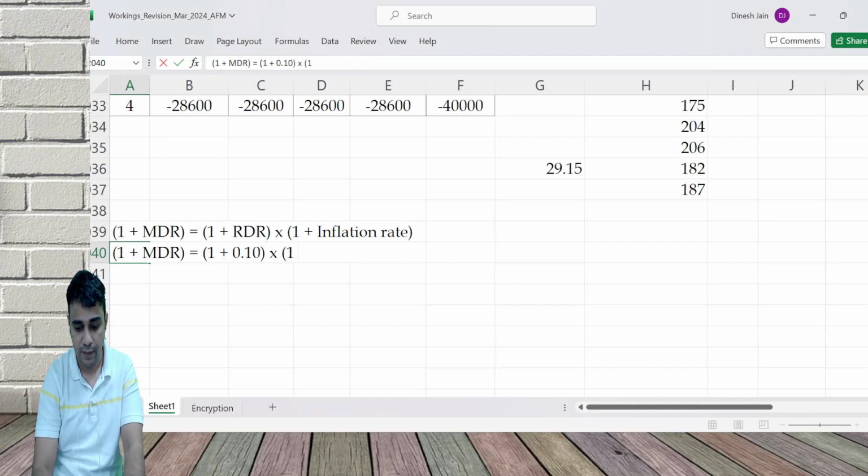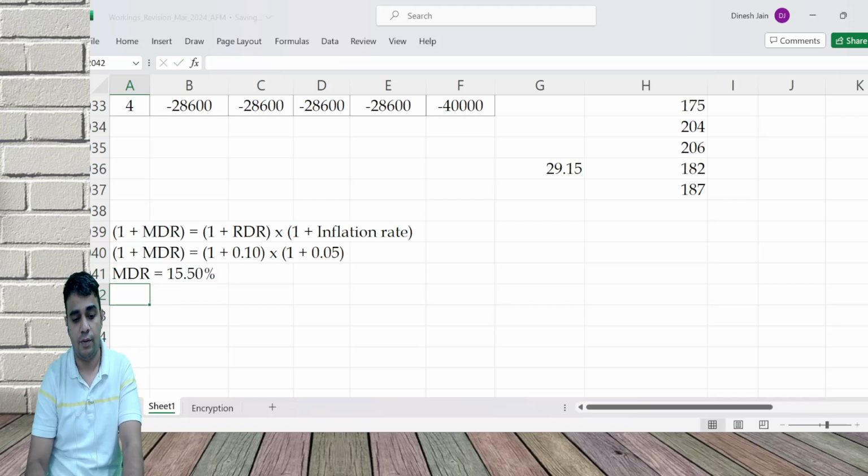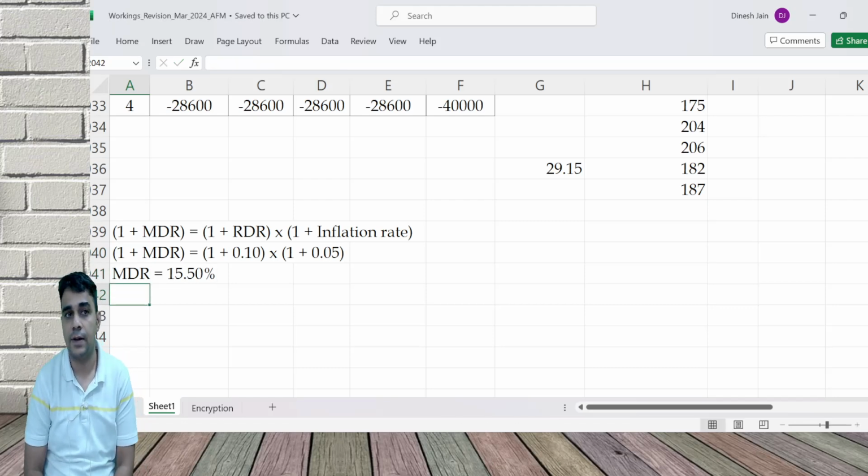Inflation 0.05. MDR is equal to 15.5%. 1 plus MDR is equal to 1 plus RDR into 1 plus inflation rate. You get the answer as 15.5%. Clear?